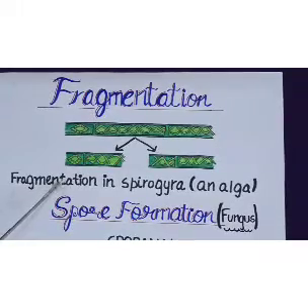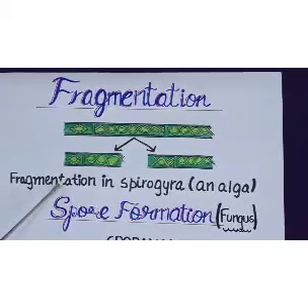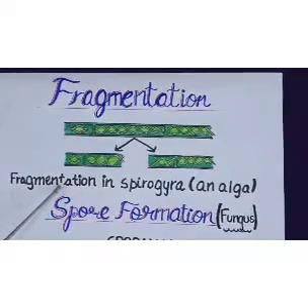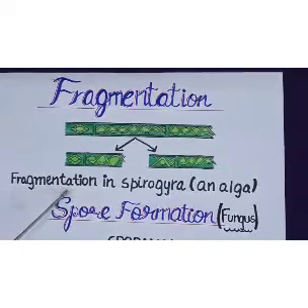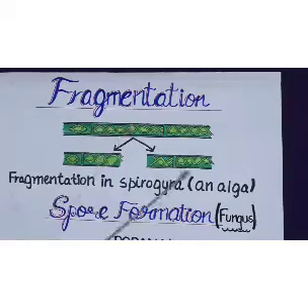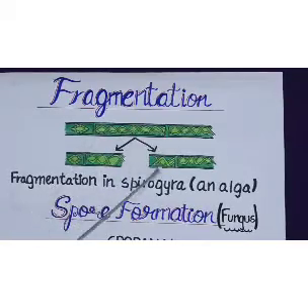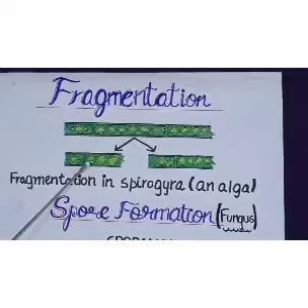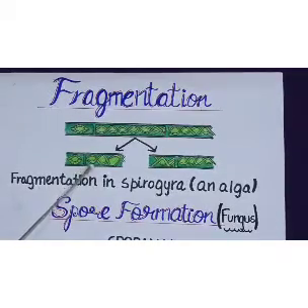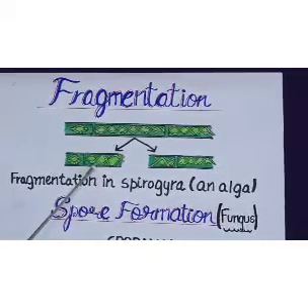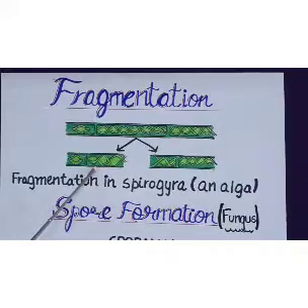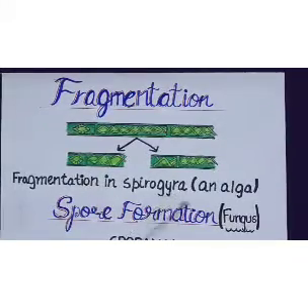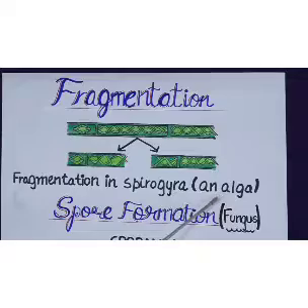If water and nutrients are made available, algae grow and multiply very rapidly. An alga breaks down into two or more fragments, and each fragment gives rise to a new plant. They grow very quickly and become mature plants. This process is known as fragmentation, which mainly takes place in algae.